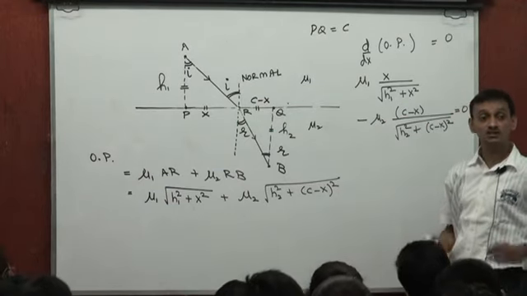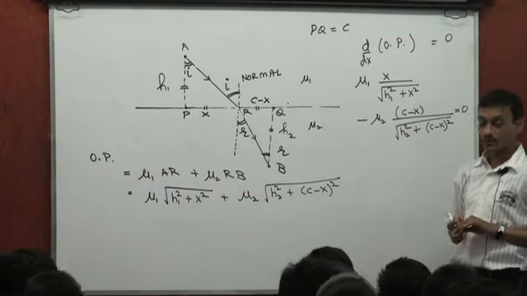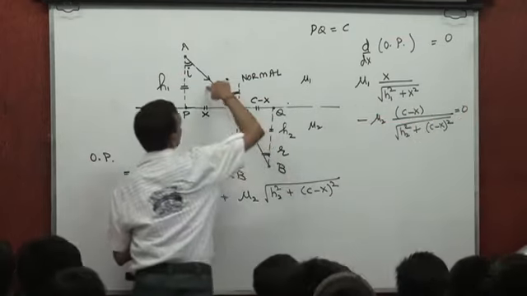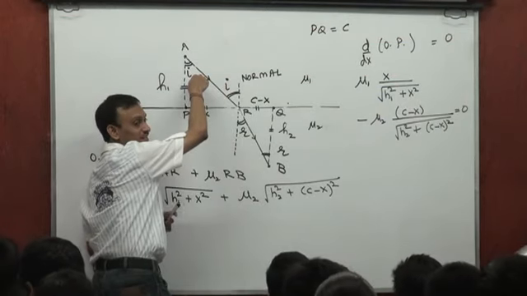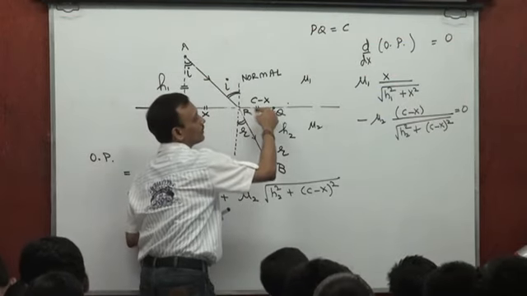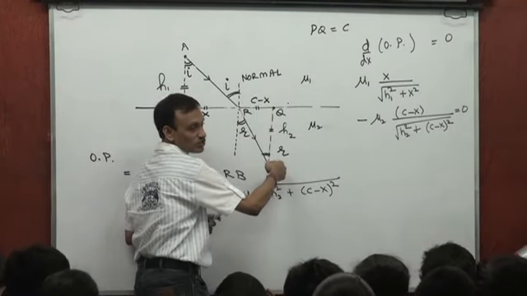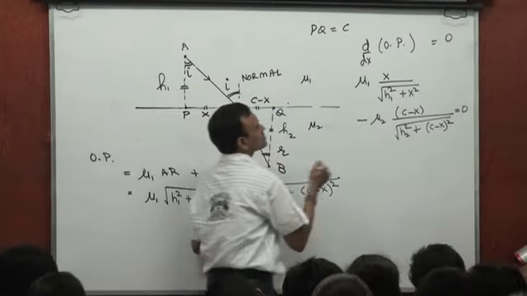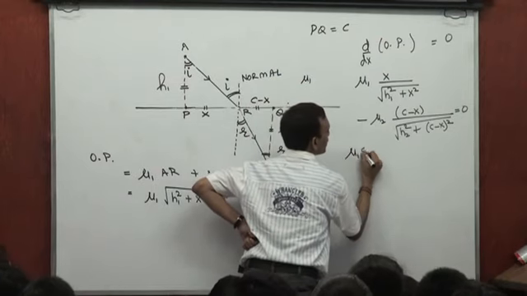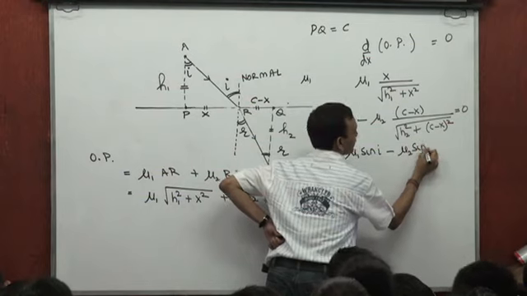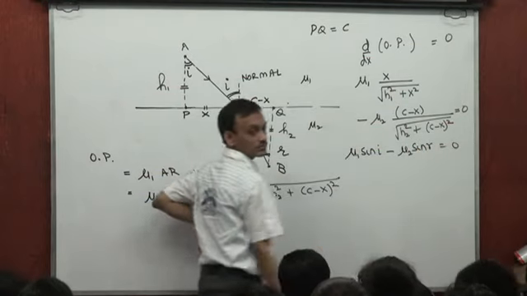But x divided by root H1 squared plus x squared is sin I, and like before, (C minus x) divided by root H2 squared plus (C minus x) whole squared is sin R. So we get mu1 sin I minus mu2 sin R is 0.